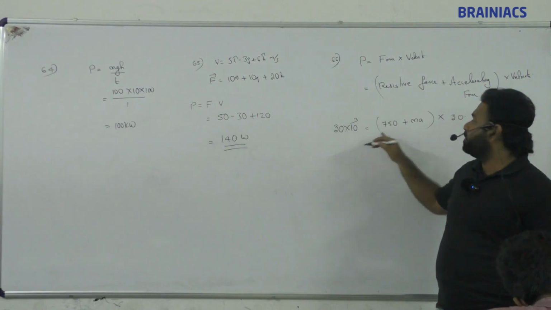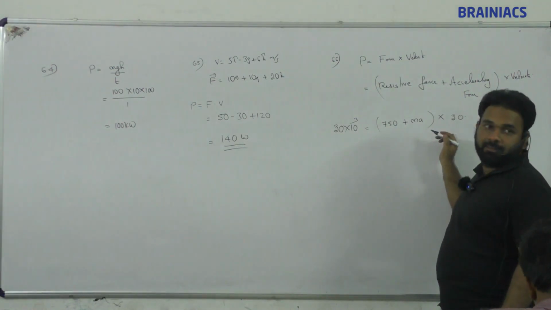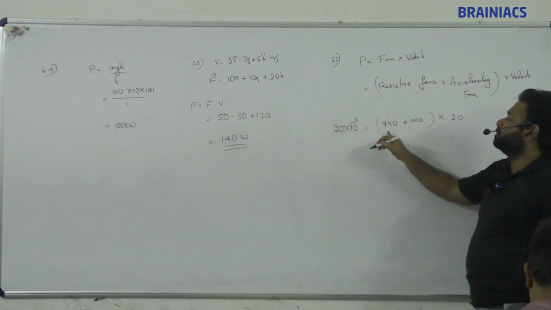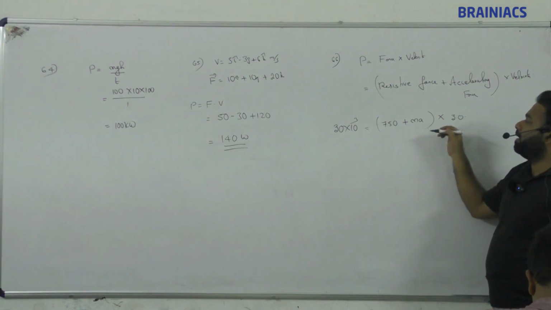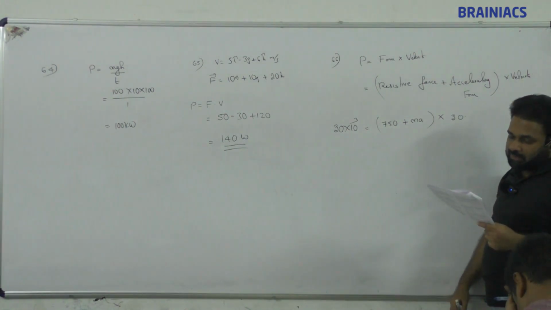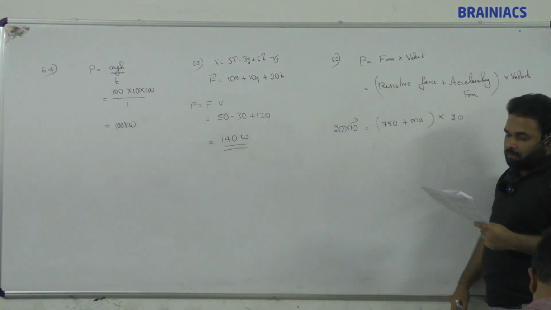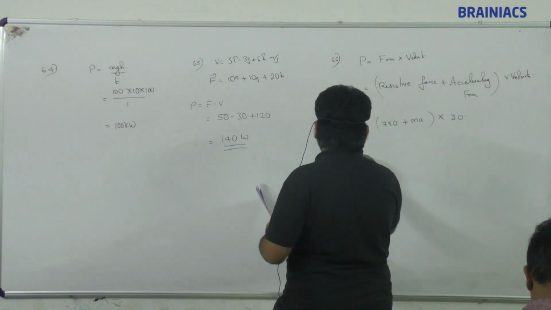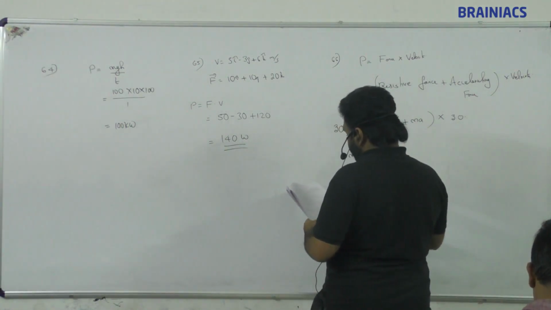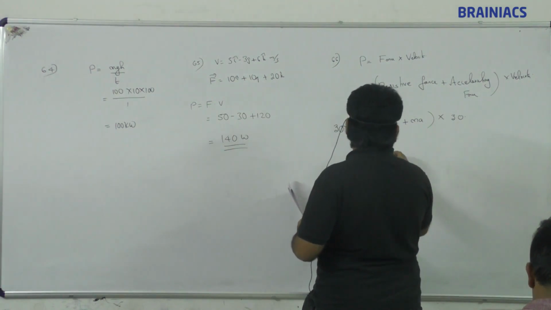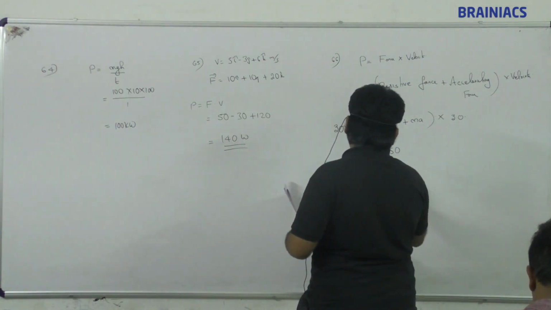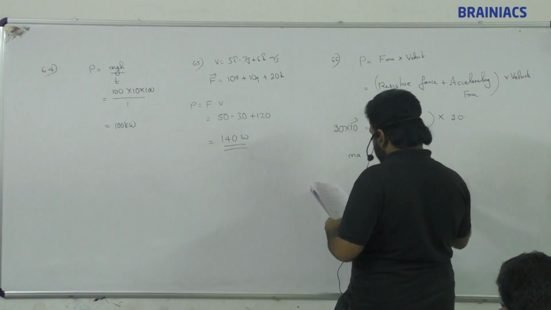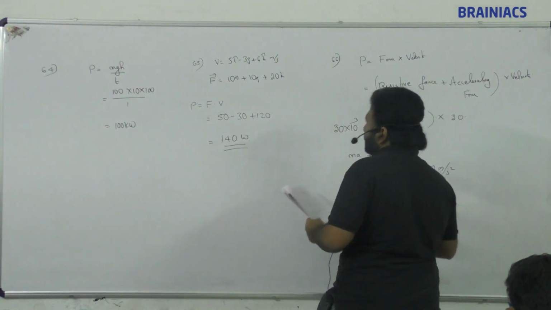If the engine can produce 30 kilowatt at this speed, okay, so this is the 30 kilowatt power, resistive force plus MA into 30. So here mass is given, right? 1250. Okay, fine. So MA is equal to, finally we'll be getting 250, and acceleration is equal to 250 divided by 1250. What we'll be getting? 0.2 meter per second square.